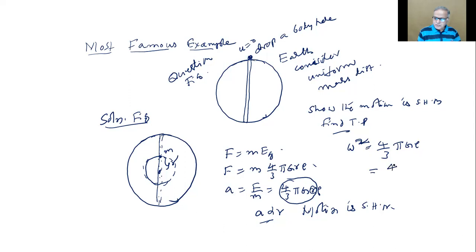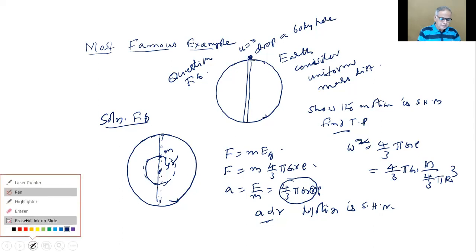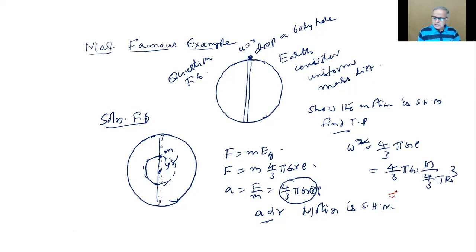We may write it as 4/3 pi G M by 4/3 pi R cubed. So what do I get, children? Pi also cancels. GM by R cubed. So 2 pi by T whole square is equal to GM by R cubed.